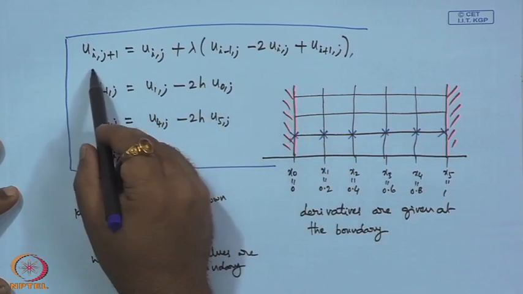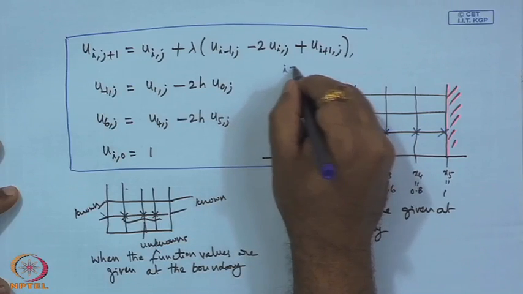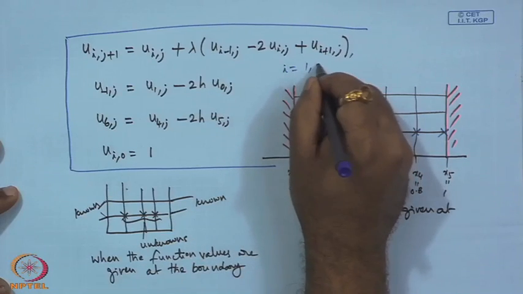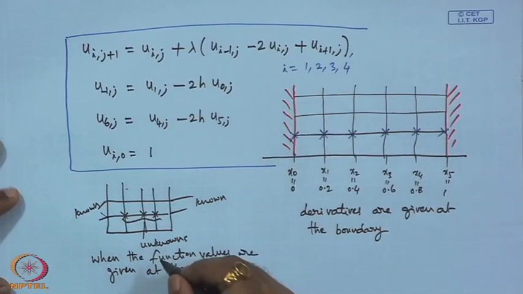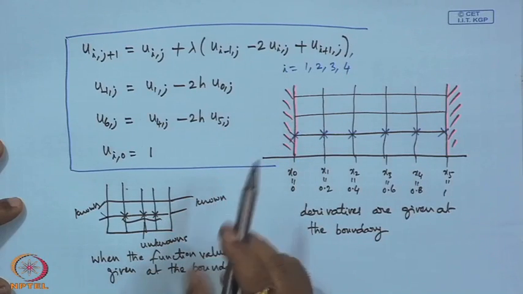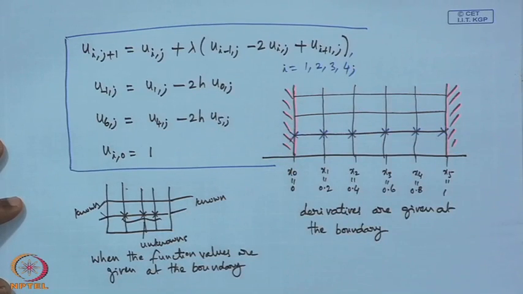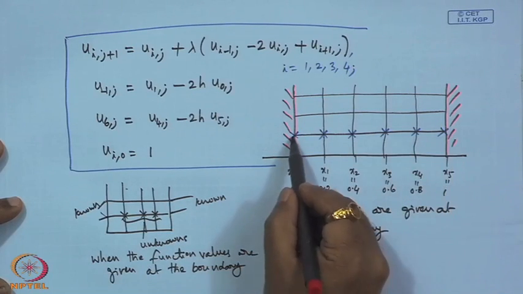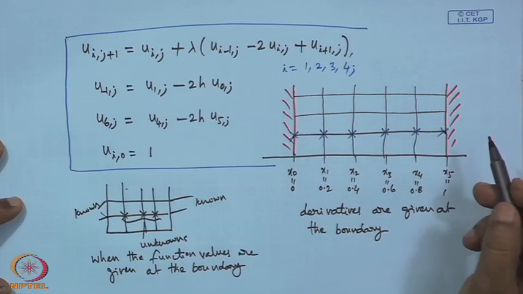In the earlier case, the discretized equation we were running for i equals to 1, 2, 3, 4, okay. But we were not running for i equals to 0 and i equals to n, okay.